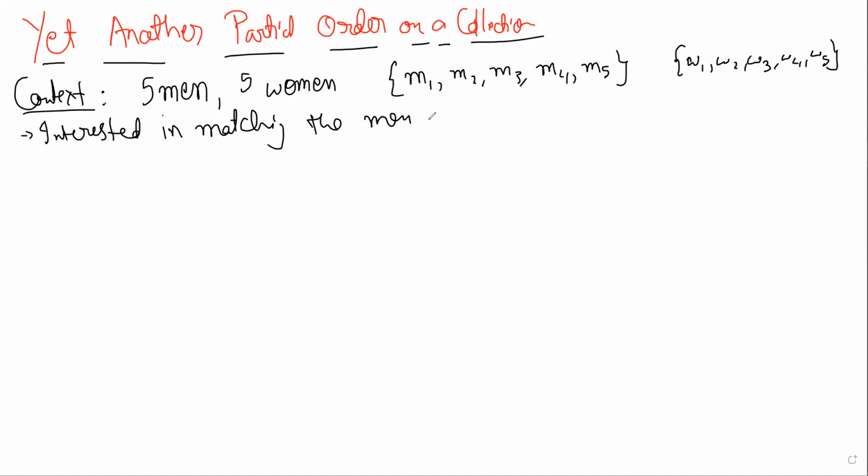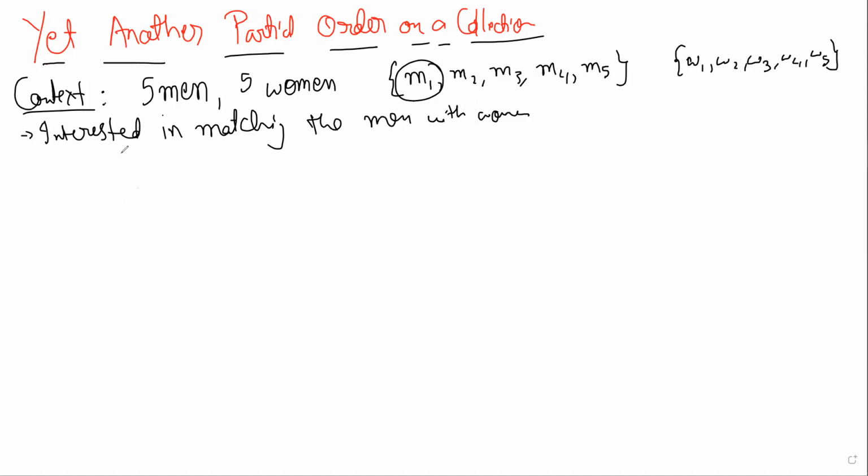If I do not give any conditions, then how many matchings are possible? By matching, I mean that to each man we want to assign exactly one woman, and for each woman, it implies we match exactly one man. That's all it is to begin with.